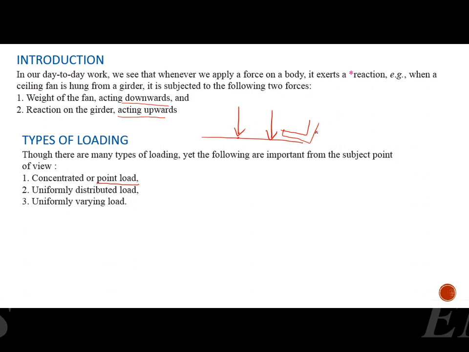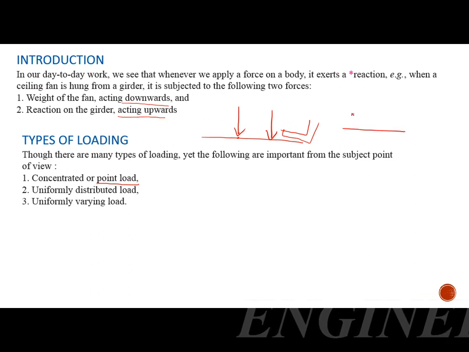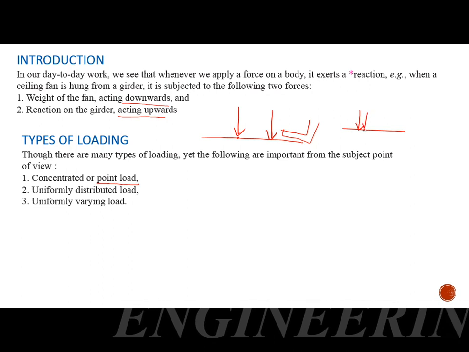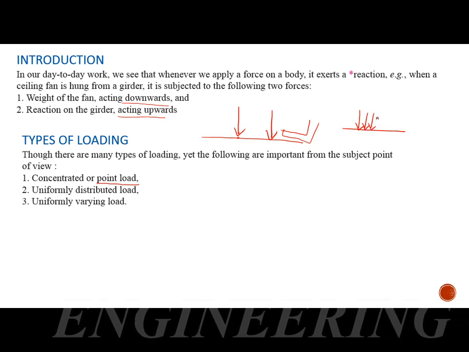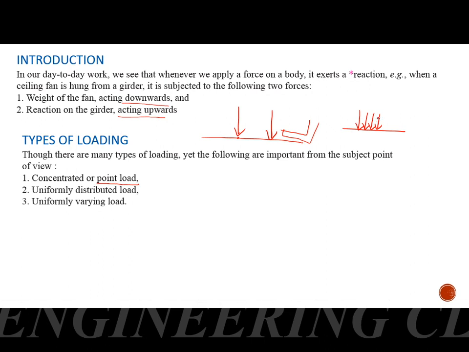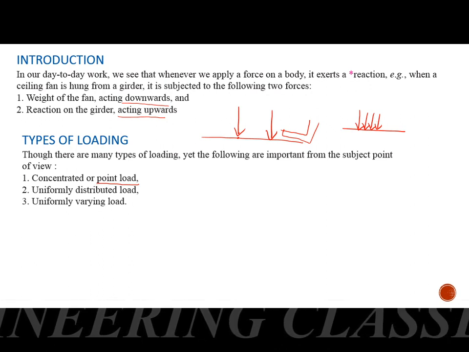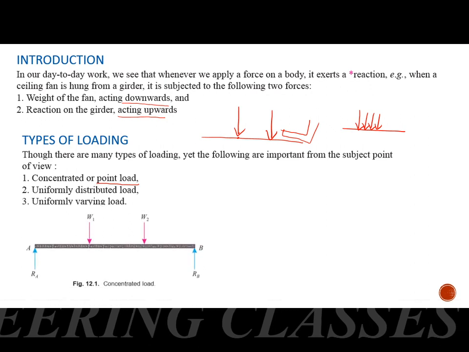So a uniformly distributed load can be represented as a force over a length or force over an area. Okay. Here is a graphical or schematic representation of point load and a uniformly distributed load. First one is a point load.